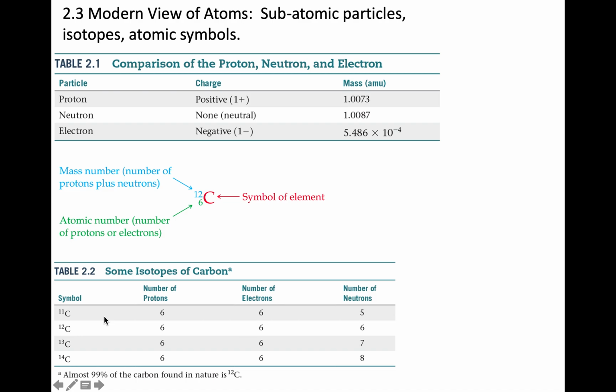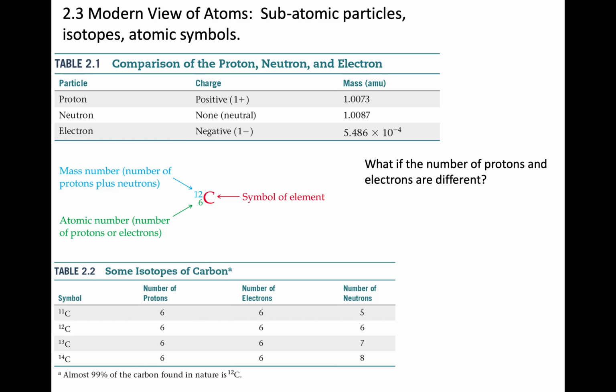So within here, we find that carbon-12 would have both 6 protons and 6 neutrons. Carbon-11, 6 and 5. Carbon-14, 6 and 8. So you would have different symbols for the different isotopes. In this case, each of the examples, protons and electrons, are equal to each other. That's a neutral atom.